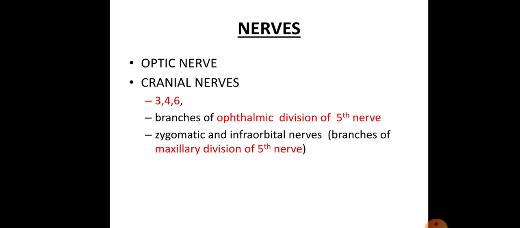Optic nerve through the optic canal, then the cranial nerves 3, 4, 6 and nasociliary, frontal, lacrimal branches of ophthalmic division of the fifth cranial nerve. These pass through the superior orbital fissure we have seen in the picture. Then apart from this, the zygomatic nerve and infraorbital nerves, which are the branches from maxillary division of the fifth nerve.